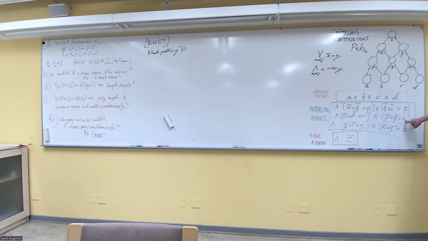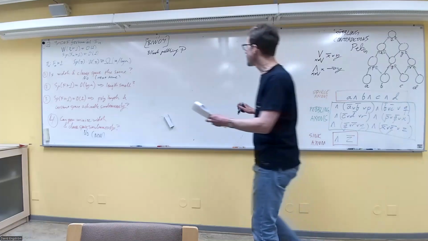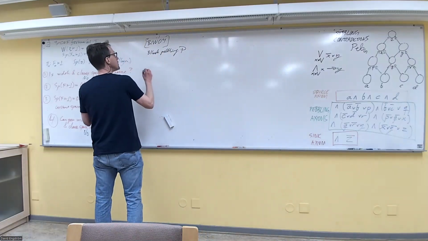Okay. And now you might worry a little bit that, in the end, what about the black pebble on Z? Well, then we derive that Z is true, and then we just have to do an extra step and download the sink axiom and resolve away, and then we have a contradiction. Okay. So I claim that you should believe.